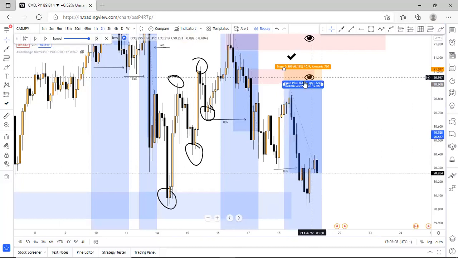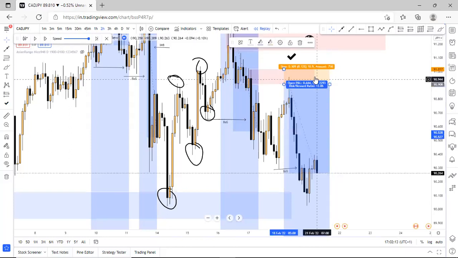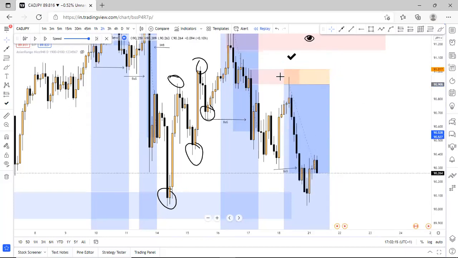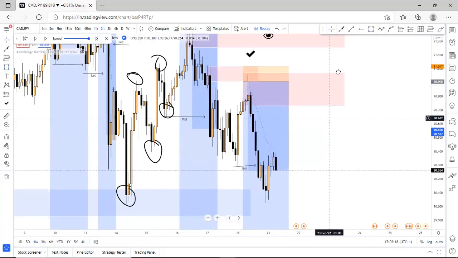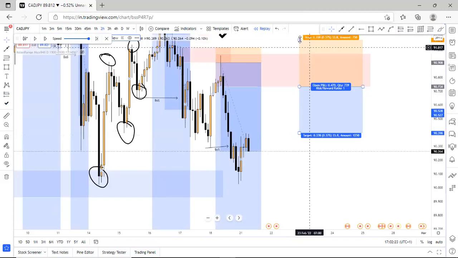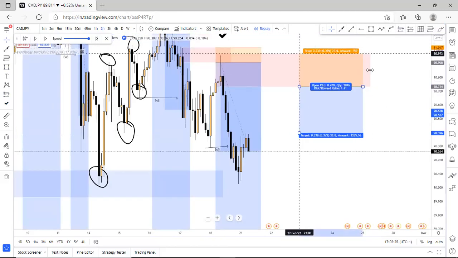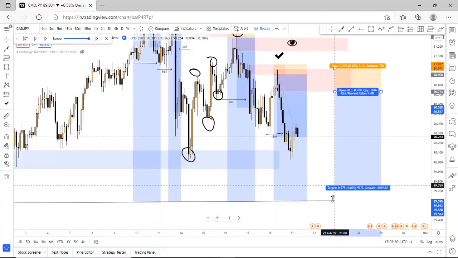Okay, so at this point, I'll be looking to take this supply zone right here, this unmitigated 2-hour supply zone, and we have our entry right there with our stop loss right there, and still targeting this same low.